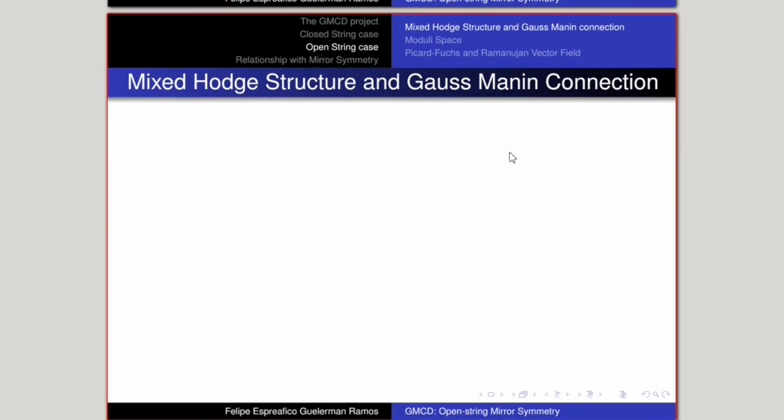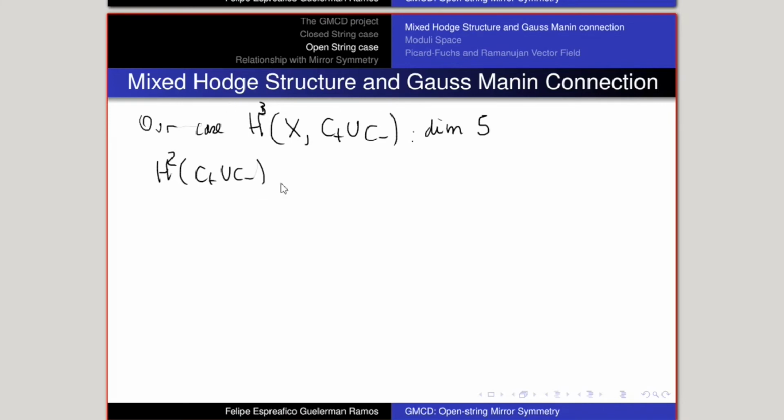Okay, so after considering this, we can go to our case. In our case, we have H^3 of X and the two curves. So this is dimension 5, right? And if we write the long exact sequence, we are going to get something like this. I'm not writing the de Rham here, but it's always the homology.